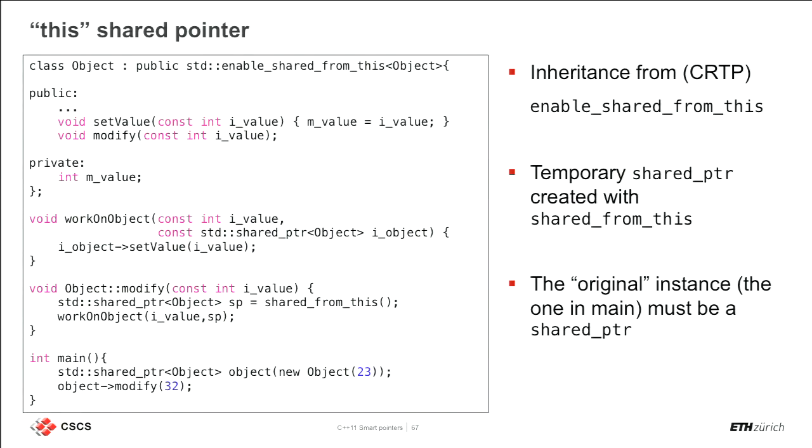Okay, so the first difference, as I was saying, is that your object needs to inherit from this enable shared from this. And here it is interesting to see that we are using the CRTP pattern. I don't remember if you are ready. Oh, yeah. More. Okay, so it's something that you will see tomorrow. Basically, here you are inheriting from this templated class, and you're providing as a template parameter the same type of your class, basically.